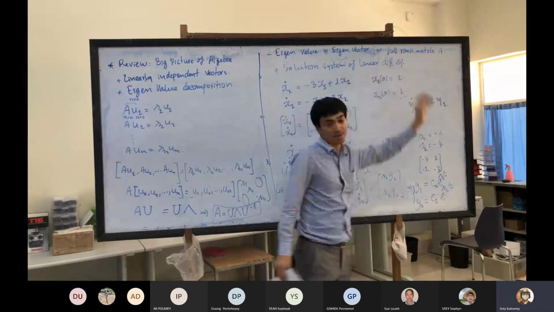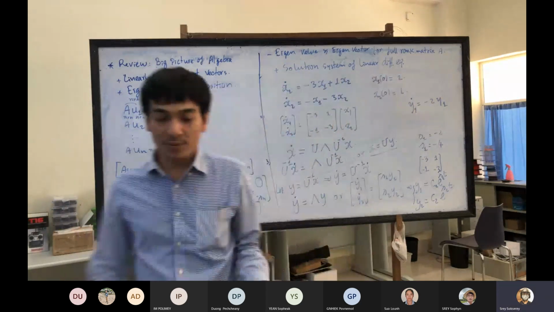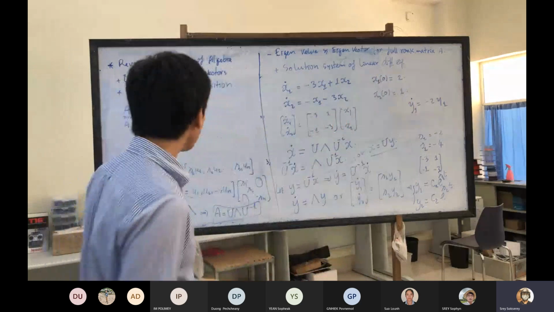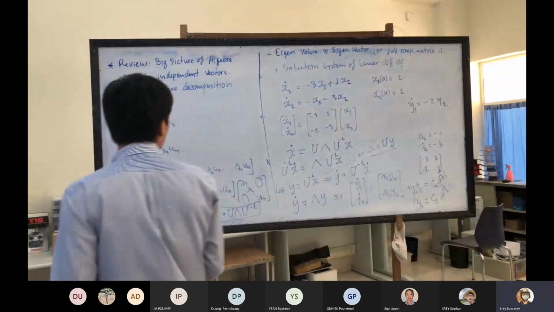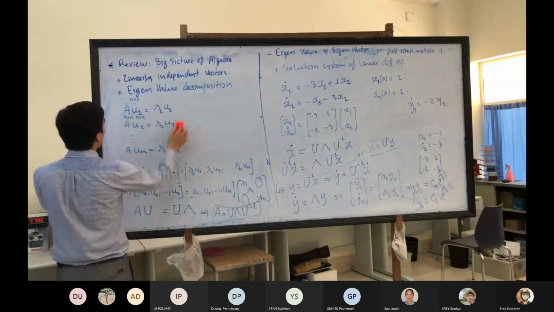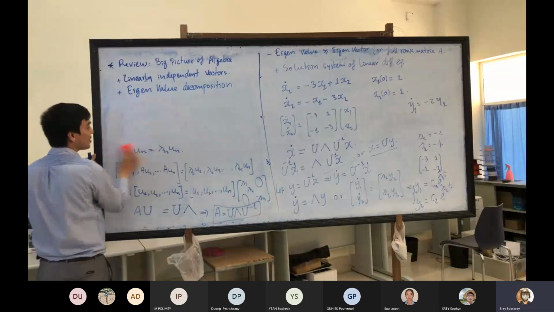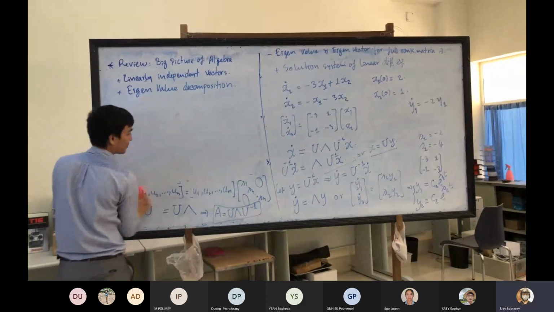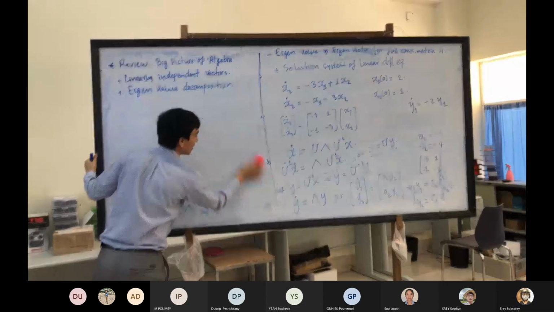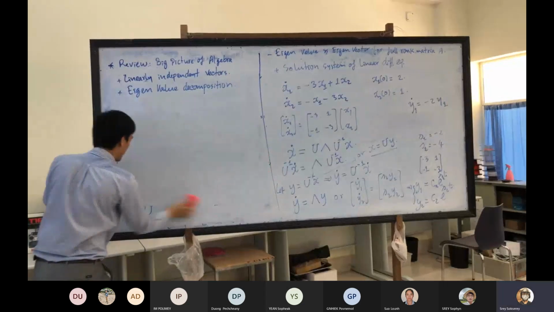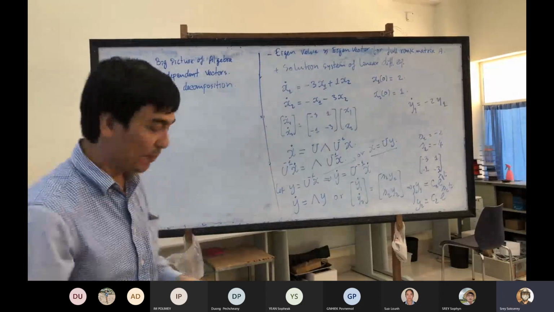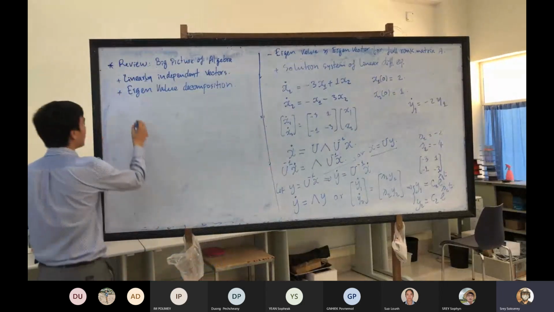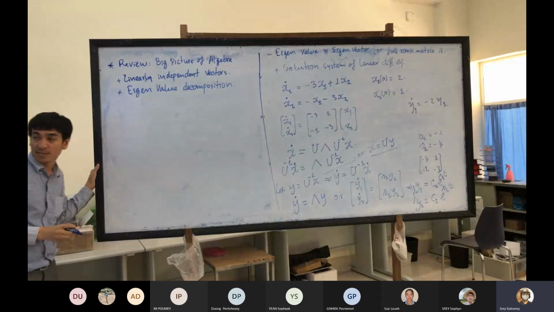So what does it have to do with control systems? In control systems, in physics, all physical systems can be derived in the form of differential equations.